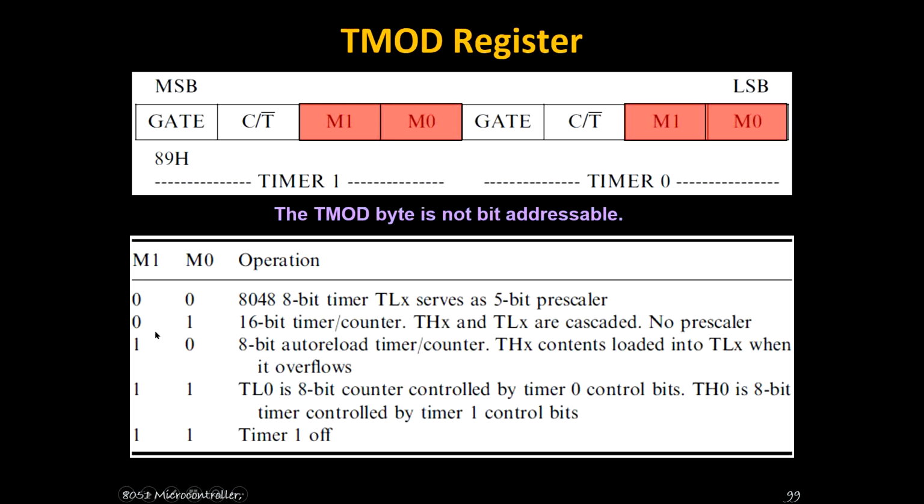And 01 is a mode 1 operation, used as a 16-bit timer or counter. Both are cascaded, with no prescaler.